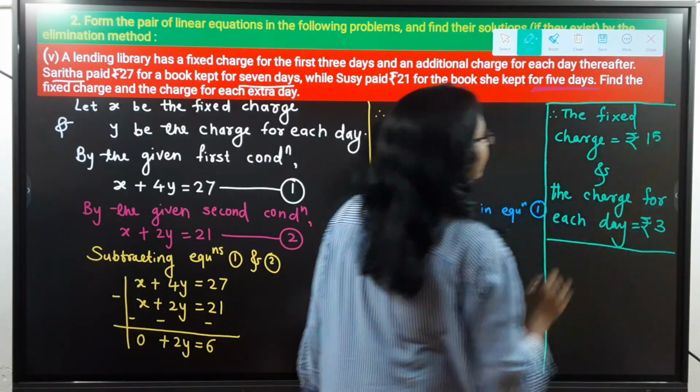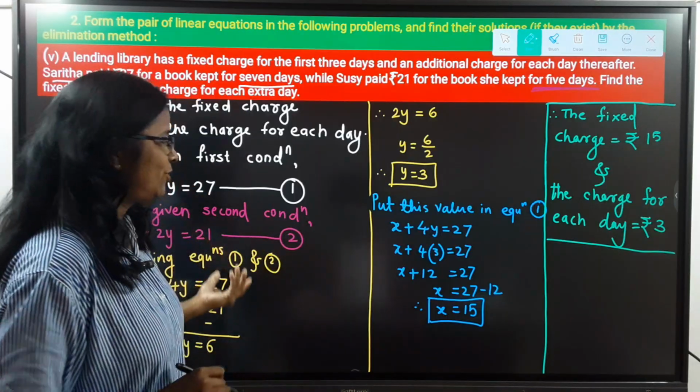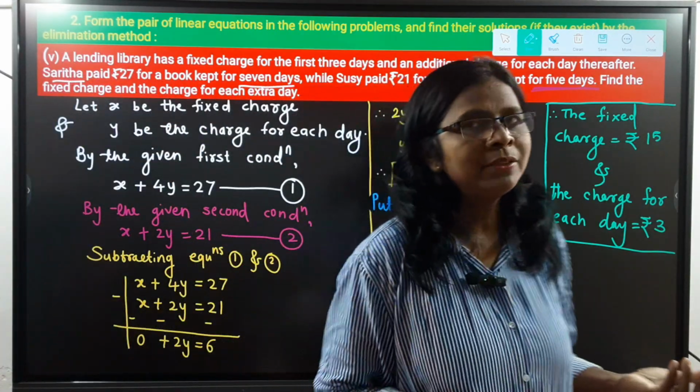So this way, students, this is our final answer. And we solved these two equations with the help of the elimination method as per the given instructions.